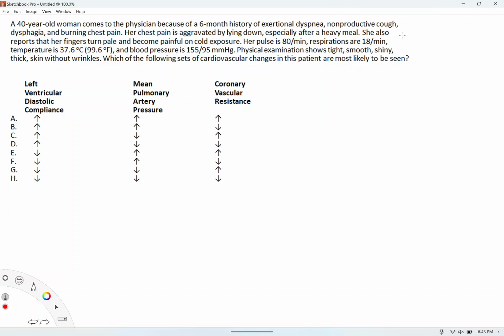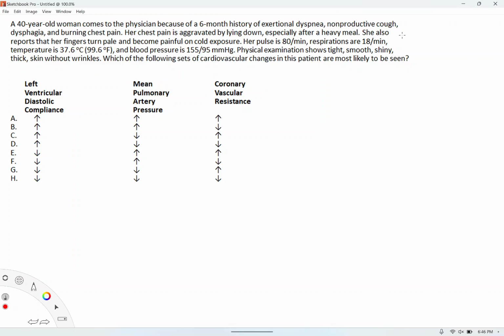A 40-year-old woman comes to the physician because of a 6-month history of exertional dyspnea, non-productive cough, dysphagia, and burning chest pain. Her chest pain is aggravated by lying down, especially after a heavy meal. She also reports that her fingers turn pale and become painful on cold exposure.